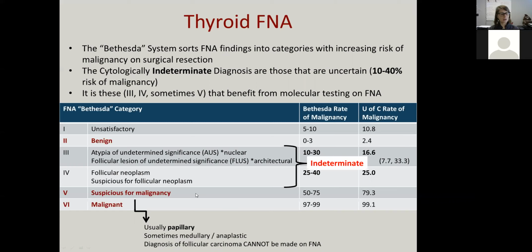I will point out, and I'll show you examples of the differences that we diagnose, at least at U of C, between AUS, atypia of undetermined significance, and FLUS, follicular lesion of undetermined significance.